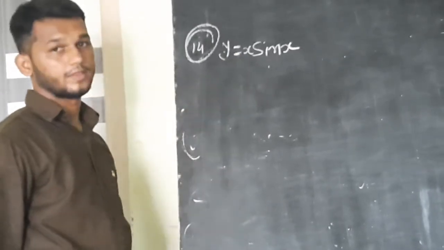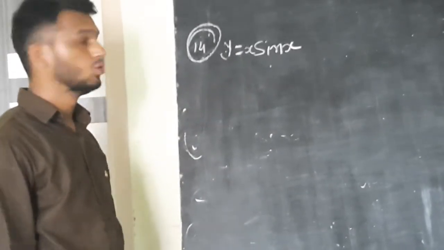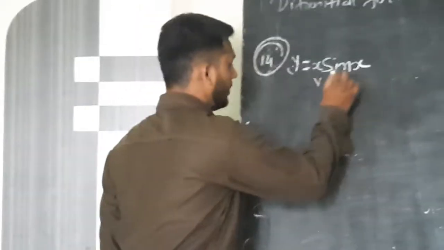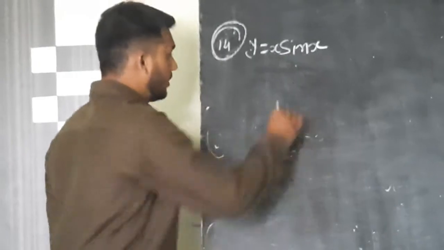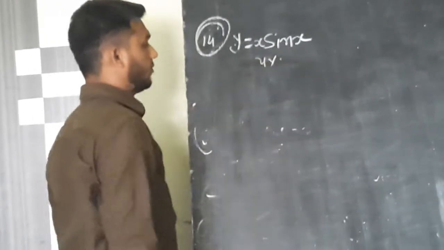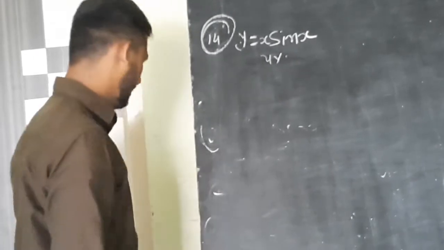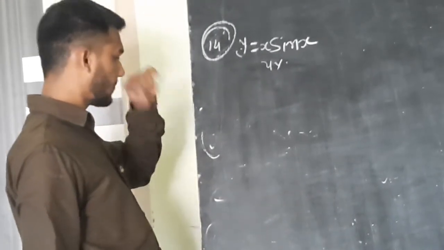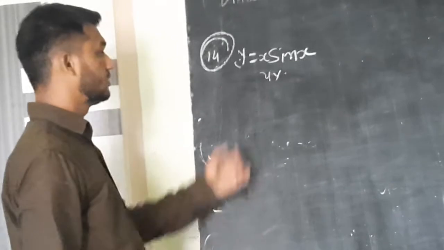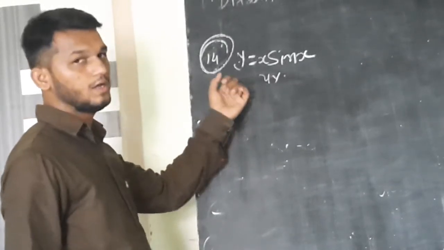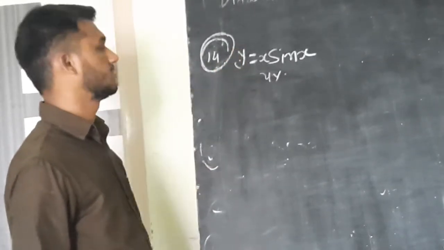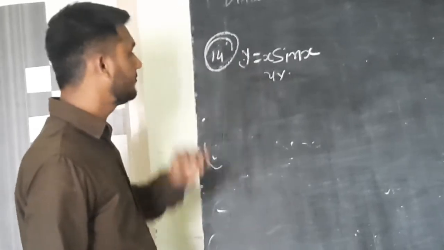It's a problem solver. How can we do it? So here, first of all we need to consider u and v. We consider the uv formula. Okay, so due to this formula we can get the answer of this equation.